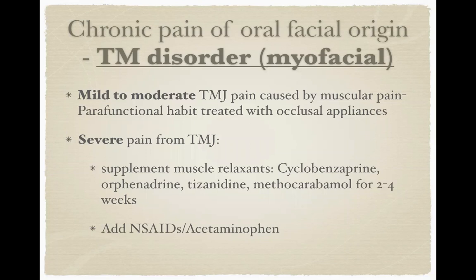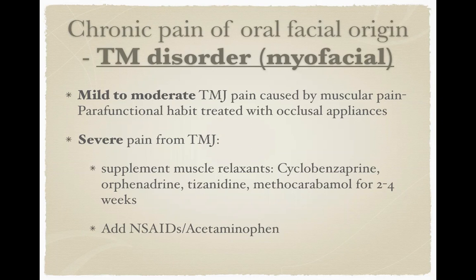If parafunction is contributing to the pain, as you all know, an occlusal appliance is usually recommended. In severe cases of nocturnal parafunction causing intense myofascial pain, muscle relaxants can be prescribed, such as cyclobenzaprine.